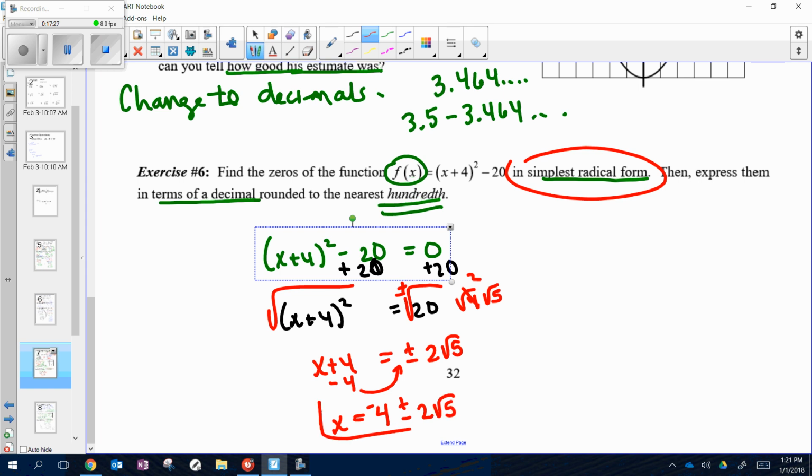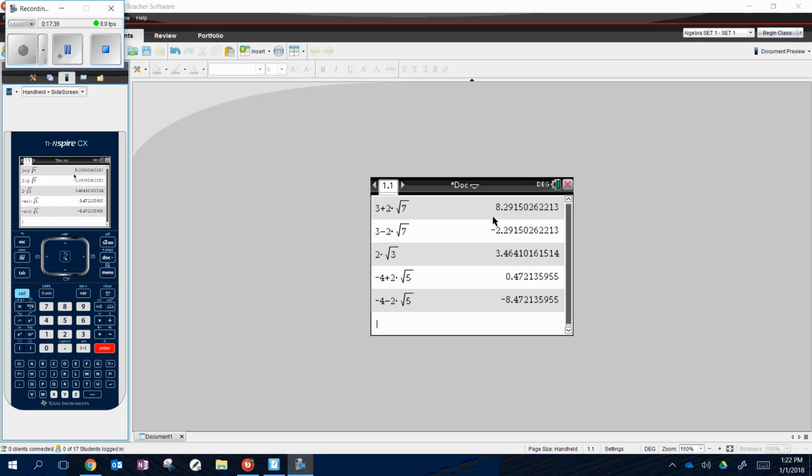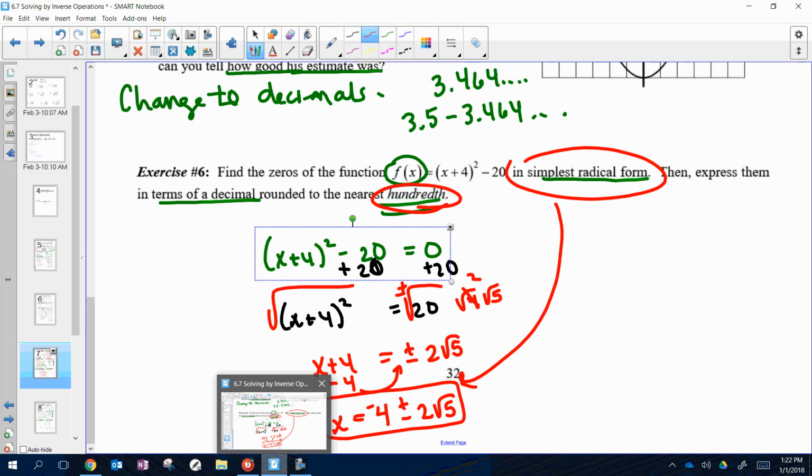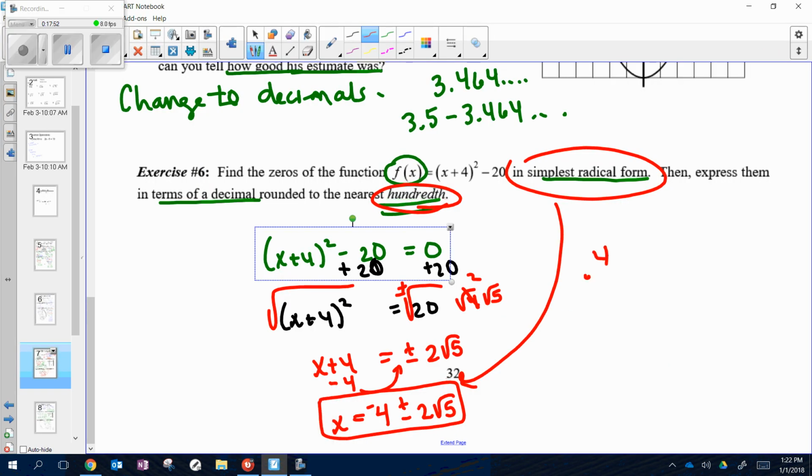This is an okay way to leave my answer in simplest radical form, but it also wants these in decimals, so take them to your calculator and calculate them. Okay, write these down, 0.47 and negative 8.47. There are your two decimals.